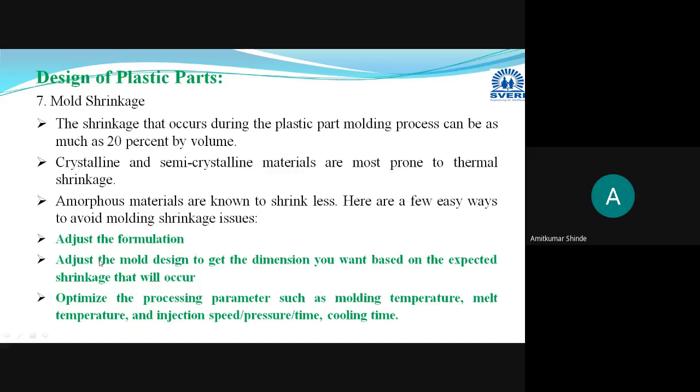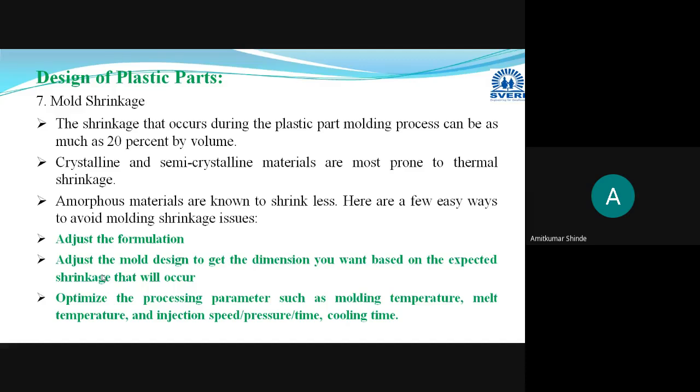To avoid these molding shrinkage issues, there are some basic specific points you have to consider while doing the mold design. First, adjust the formulation, which is related to the composition of the material.